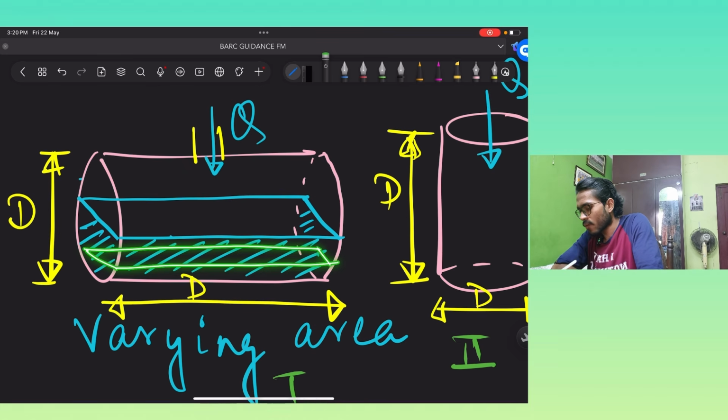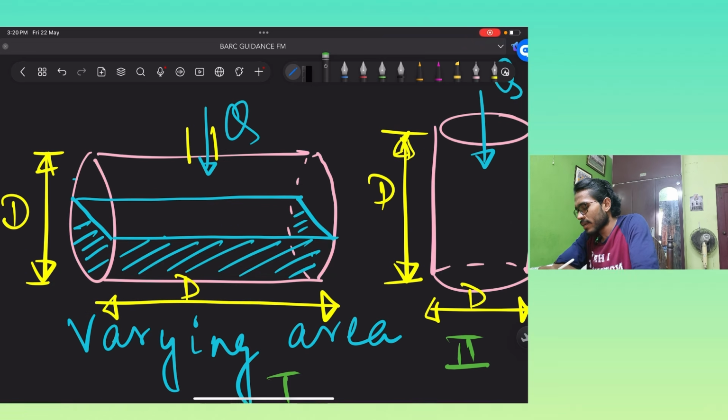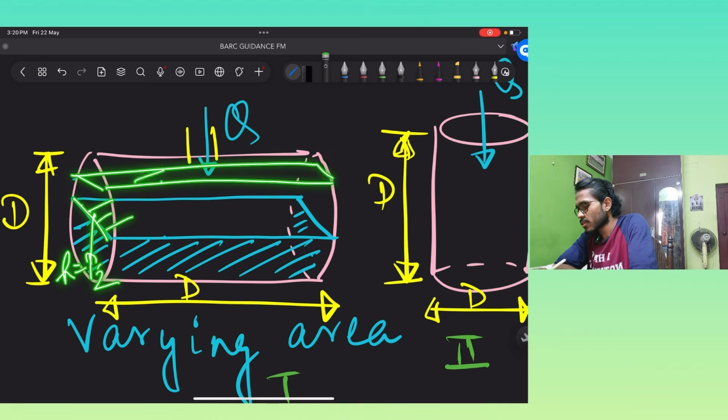So at first the area was this, where this height is h less than d by 2, and maybe this area here, this height is h equal to d by 2, and this area is this, where here this height h is more than d by 2.